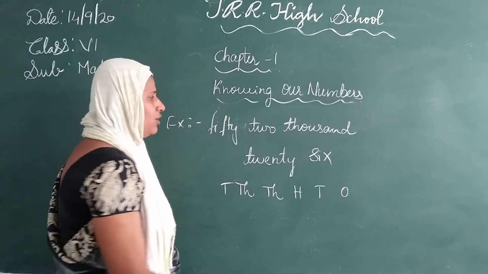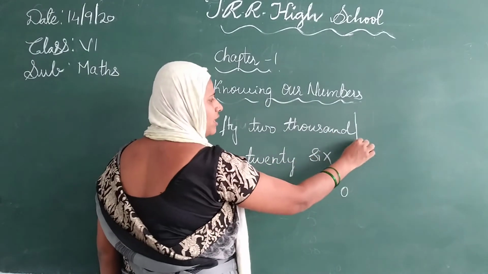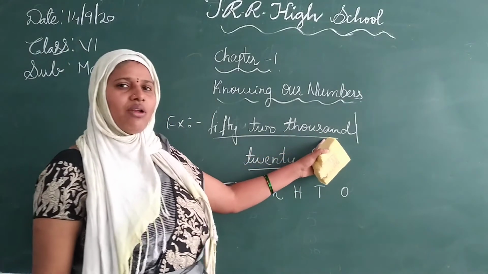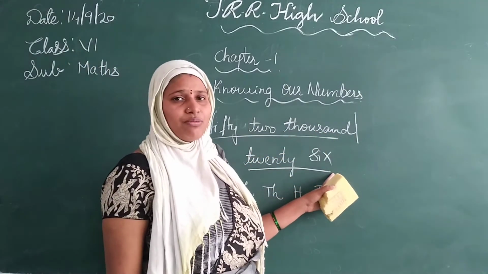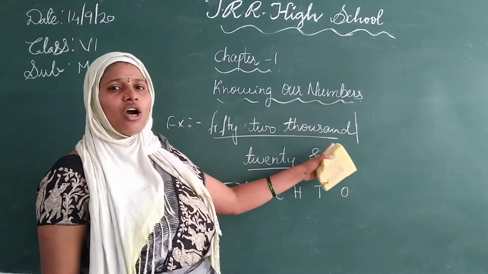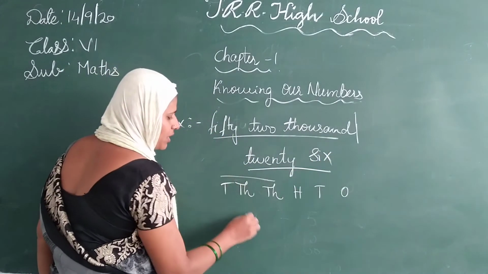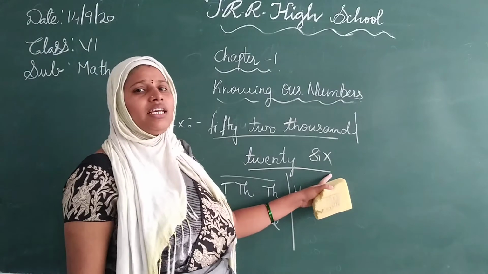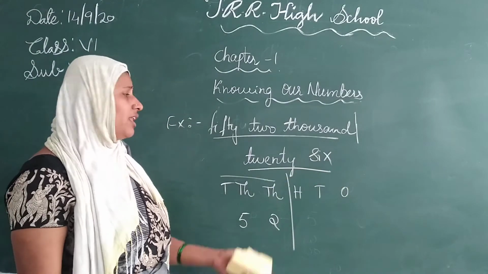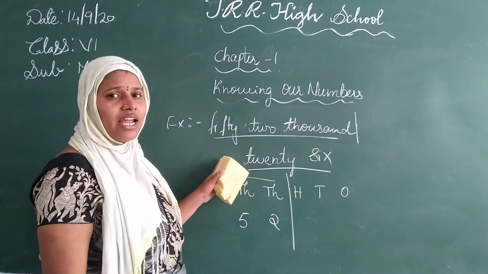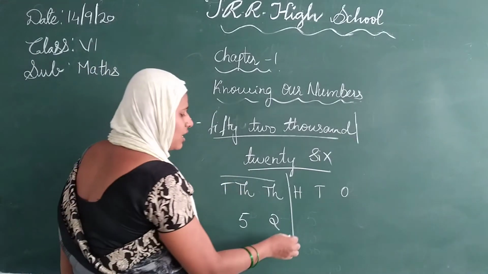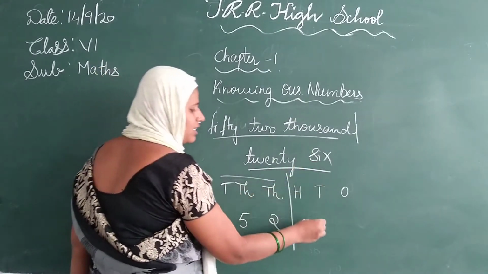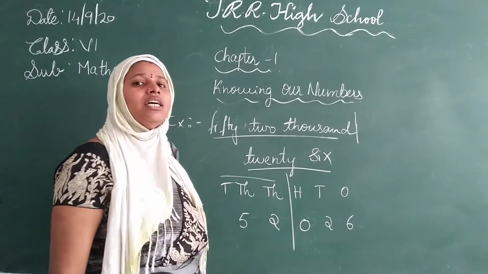As I said, you divide the period. 52,000 is one period. 26 is one period. Now 52,000, so this is my thousands period: 52. And 26. Then what about hundreds? Here there is no name with the hundreds, right? Then what should I write in the hundreds place? I can write simply 0. Remaining 26.